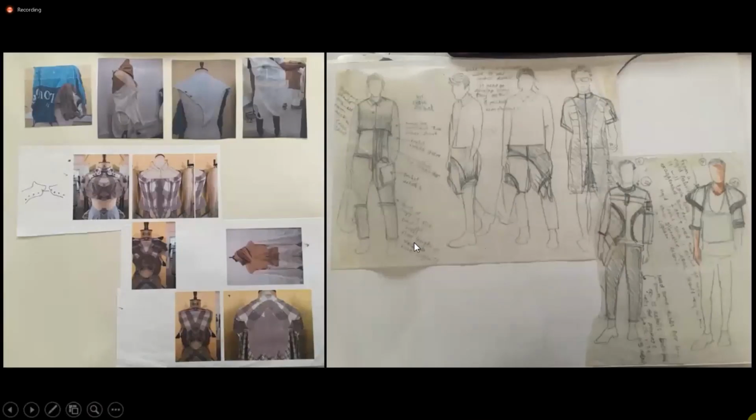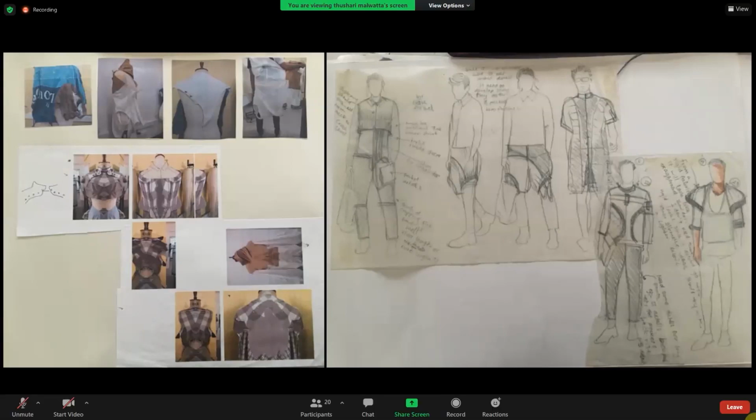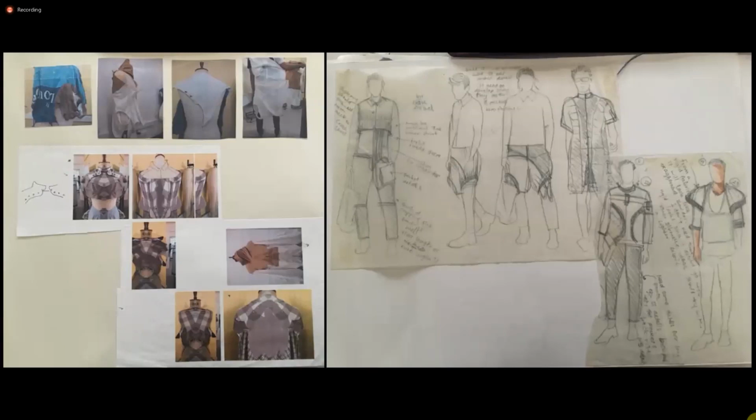So then comes the design development stage. In this collection, the designs are created through collaging old garment pieces. That comes from the hippie behavior, that they are collecting different pieces from different things, and they are creating new stuff.